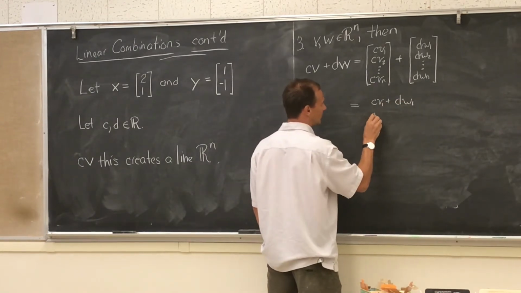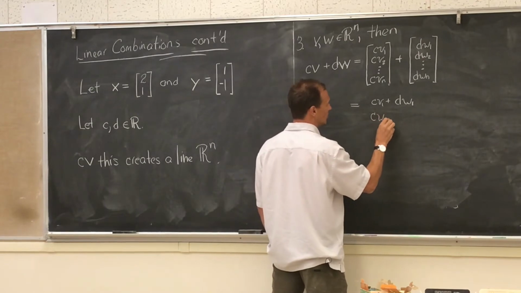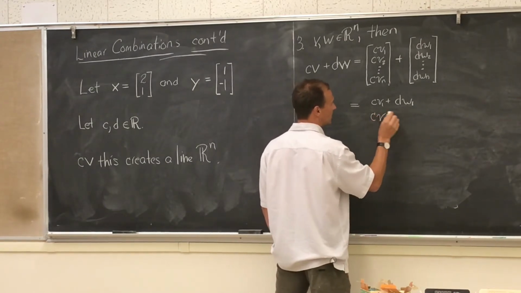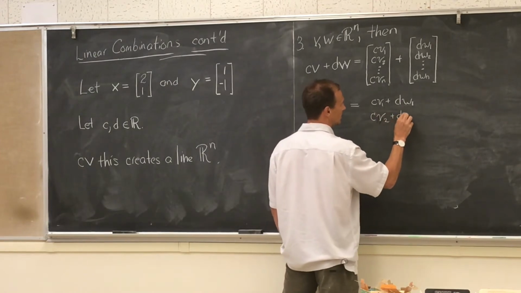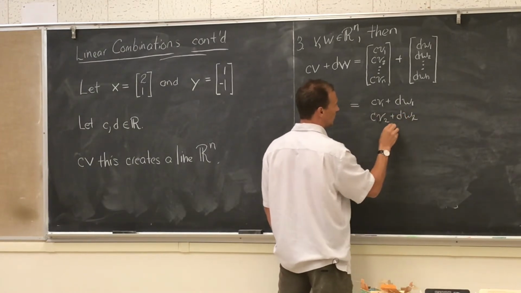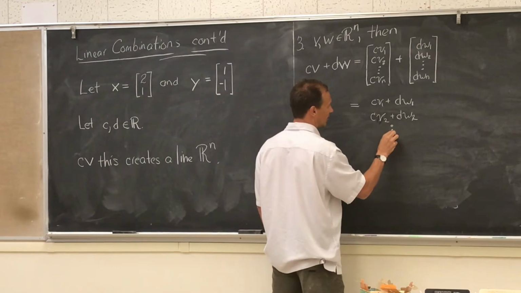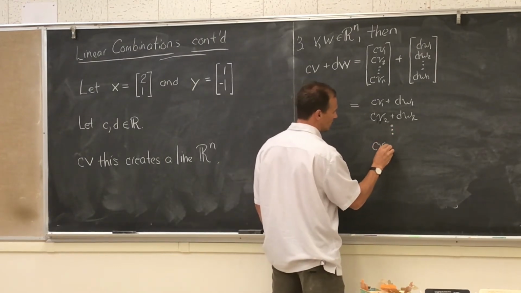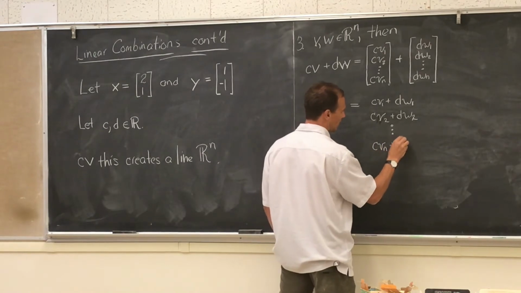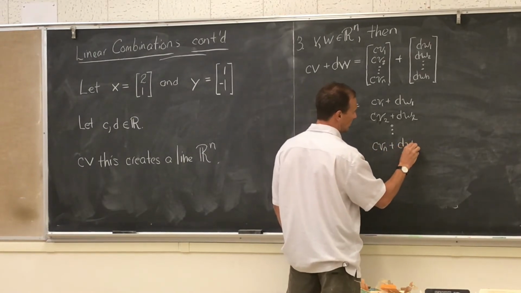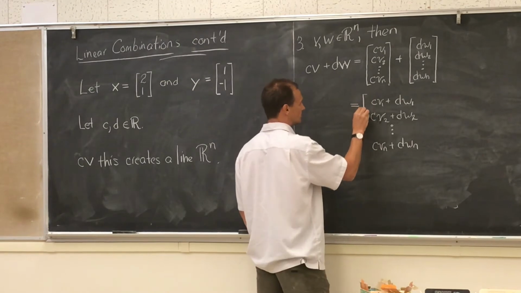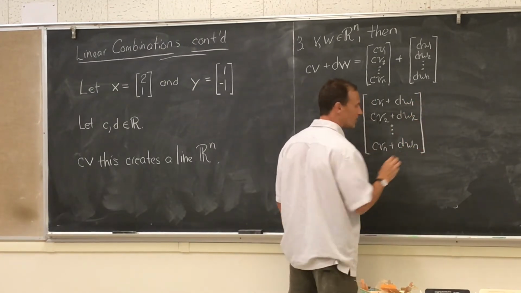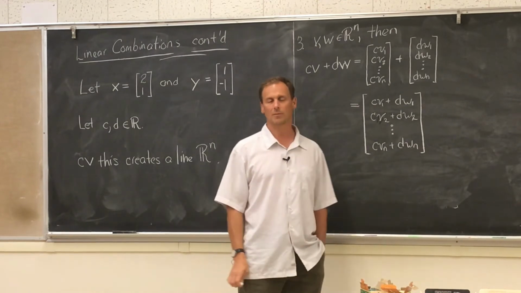It's also c v2 plus d w2, all the way out to adding the last components, that would be c vn plus d wn. So that's the general idea. This is our final piece of a linear combination.